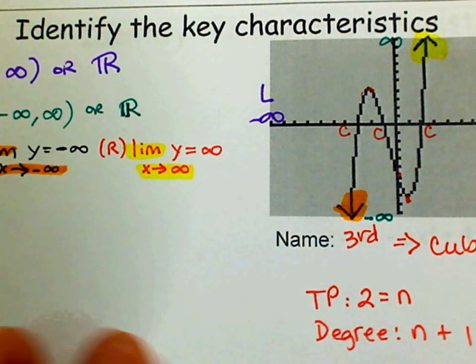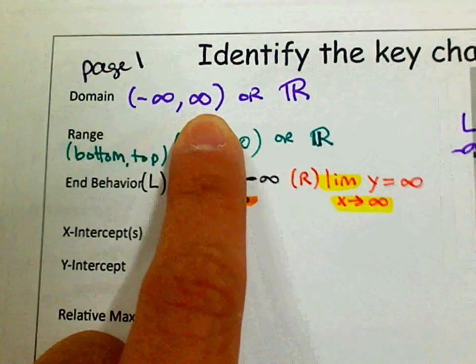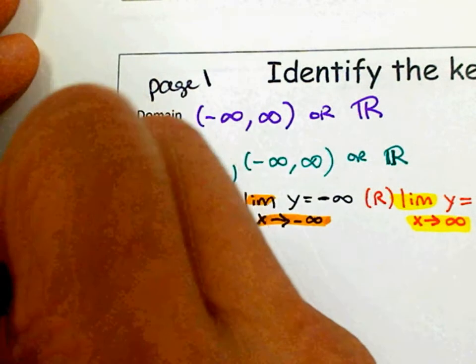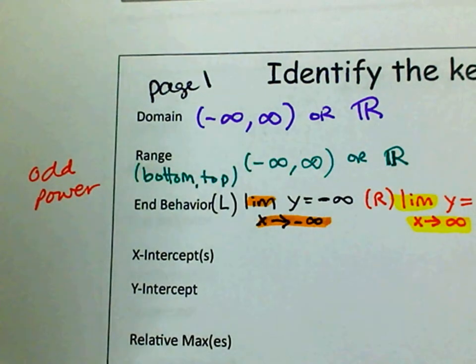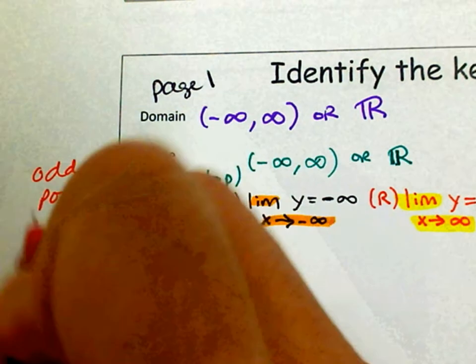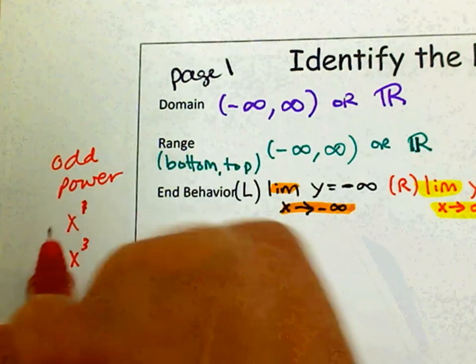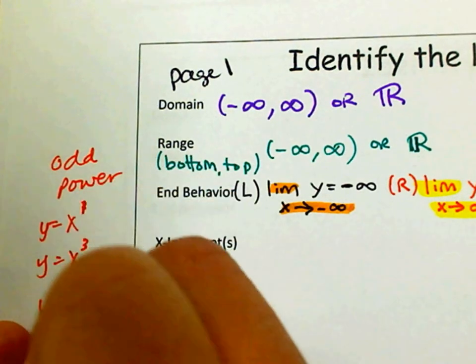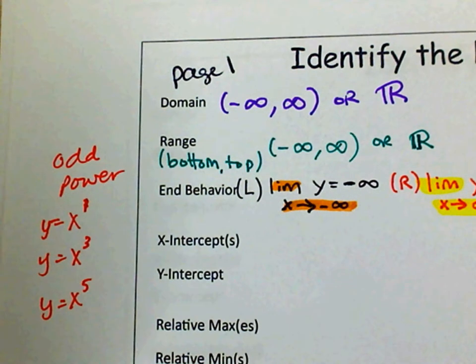Okay? Here's a hint for you. You might want to write yourself a little note. You guys ready for the note? For an odd power. That means x to the first power, x to the third power, for every function. X to the what power now?